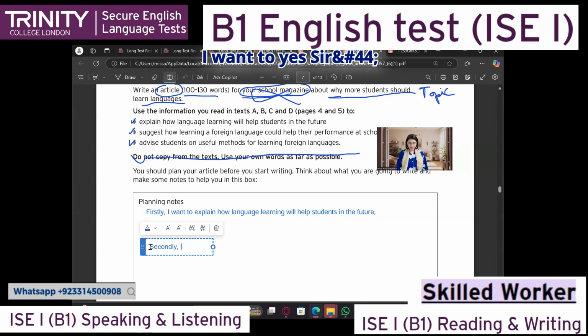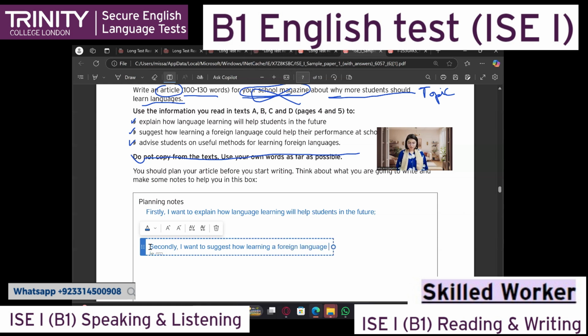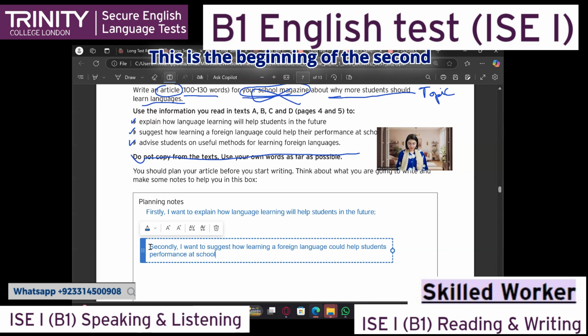Secondly, I want to suggest how learning a foreign language could help students' performance at school. This is the beginning of the second paragraph.